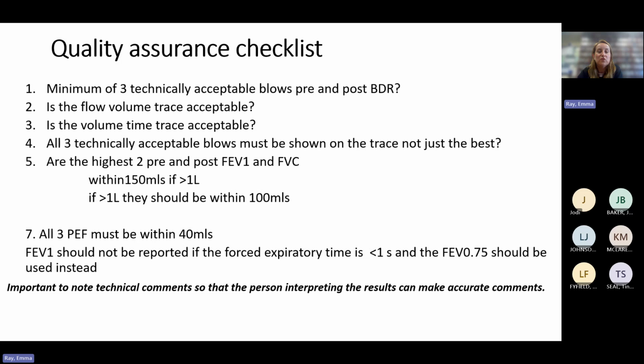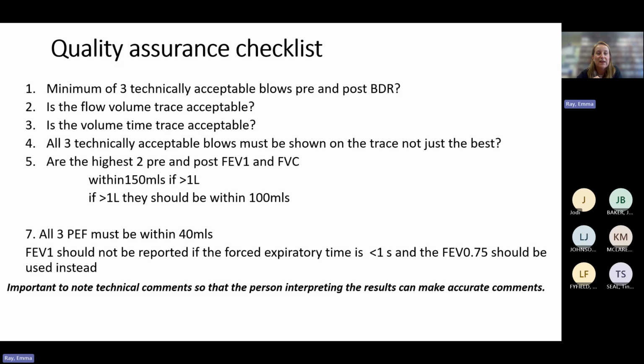So you can imagine a child might have a lung function, an FEV1 or FVC, less than 1 litre. If it's less than that, it should be within 100 mils. All 3 peak flows, as in adults, should be within 40 mils. And I don't think this will affect you, but if a child blows out really, really quick, less than a second, then you can use the FEV1 0.75.